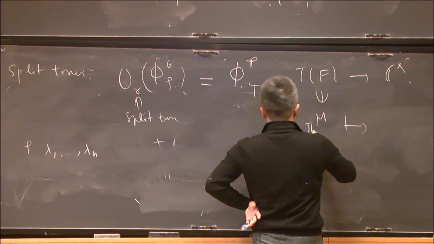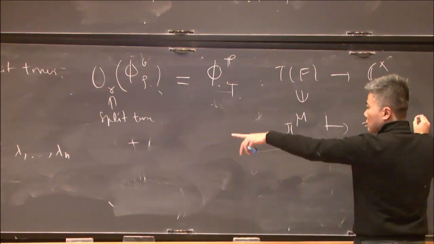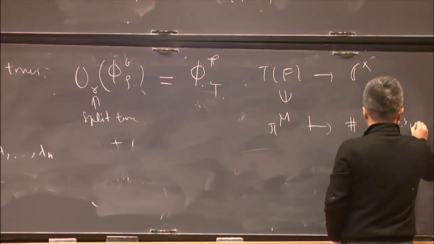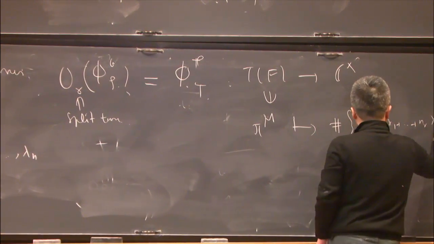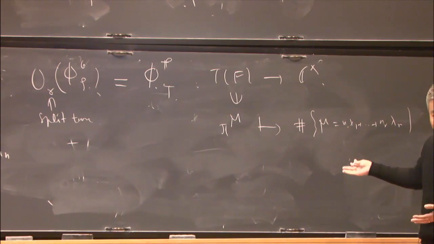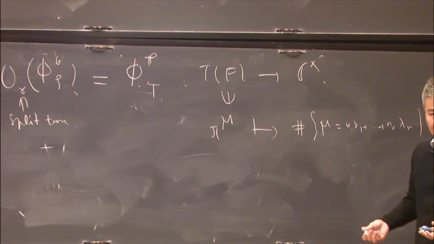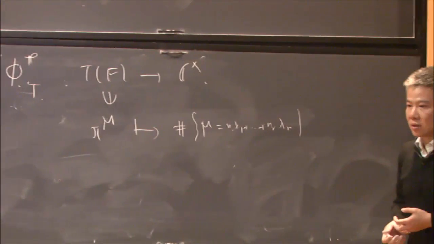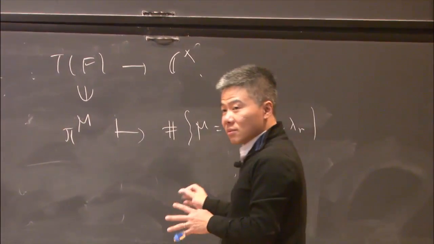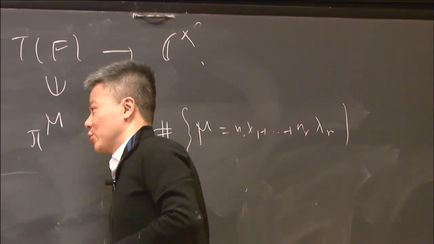I want to map it to the number of ways to write mu as n1 lambda 1 plus up to nr lambda r, right? So this is exactly how symmetric powers work, and it's exactly the IC of the toric variety, the formula for IC varieties. Okay, so it's not so wrong. Something is true, right?